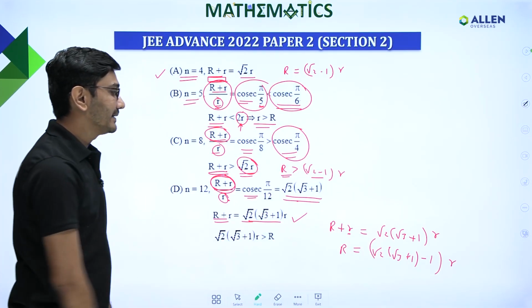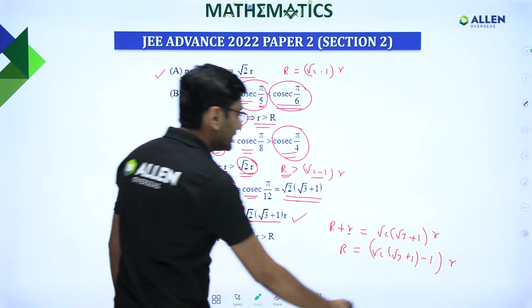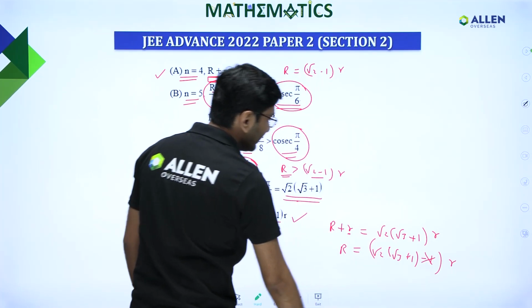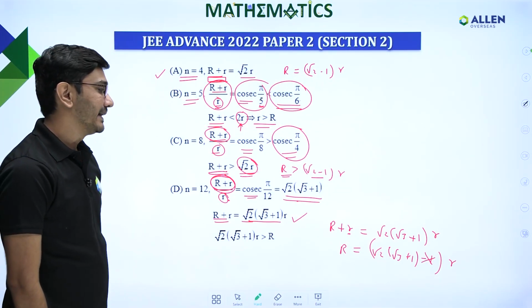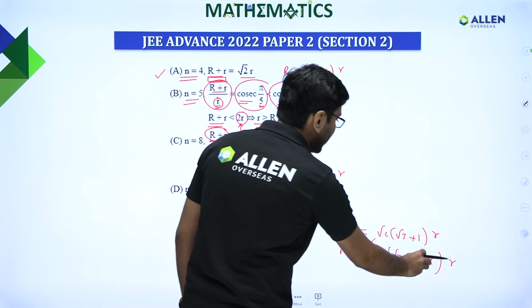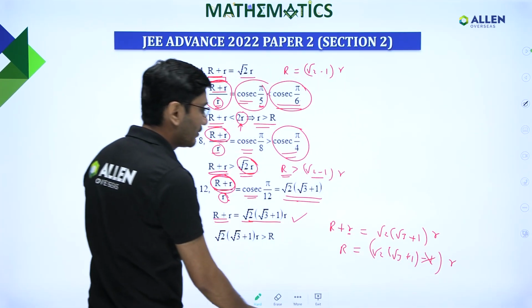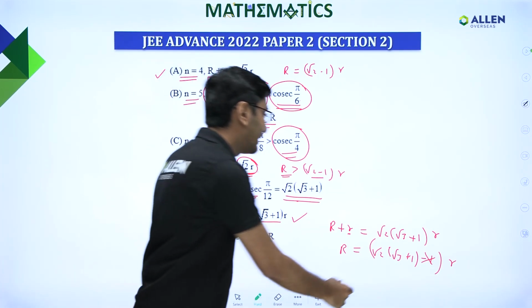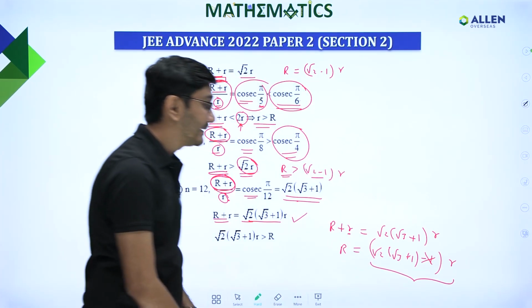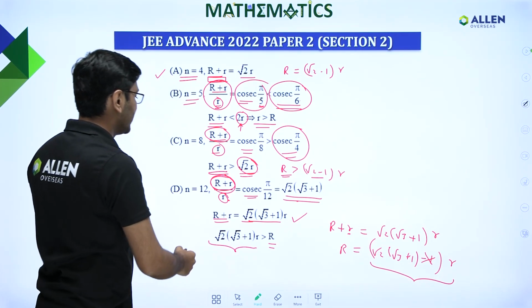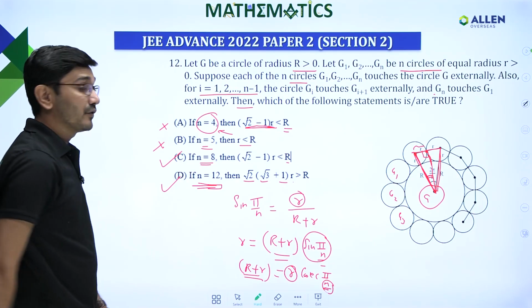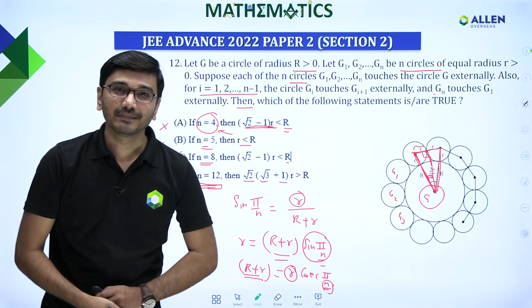So if I just delete this minus 1, then definitely the expression value will be greater than capital R, because I am subtracting this minus term from it. So option D here will also be correct. So for this question, both options C and D will be correct.